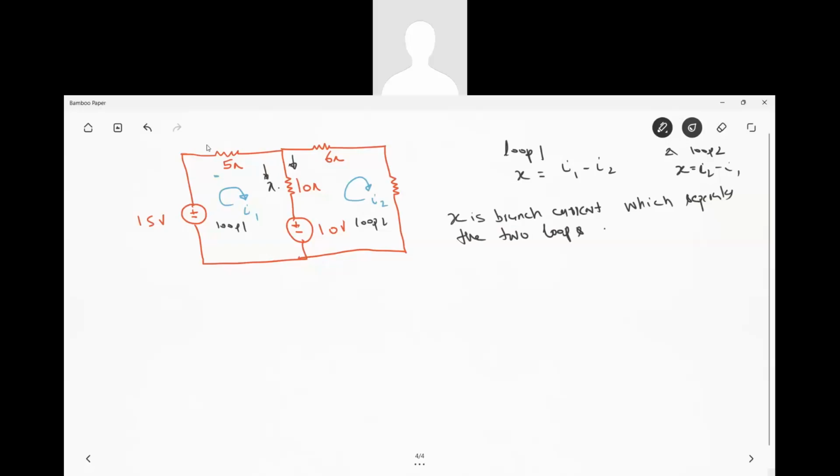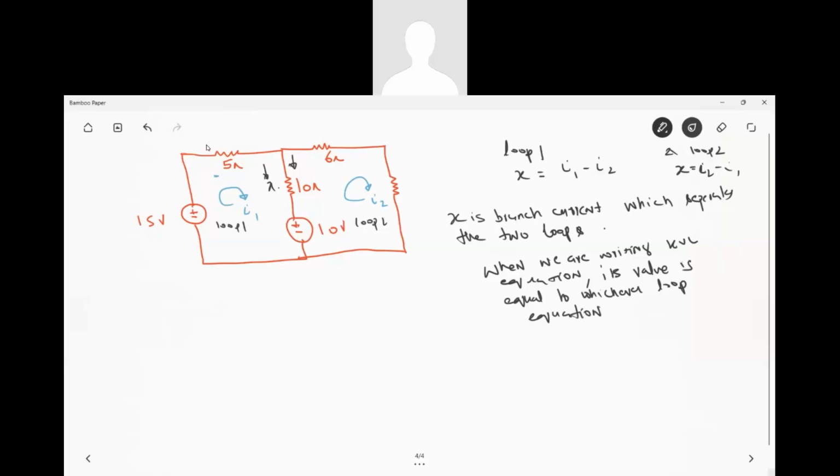When we are writing the KVL equation, its value would be equal to whichever loop you are writing the equation for, minus the other loop current.